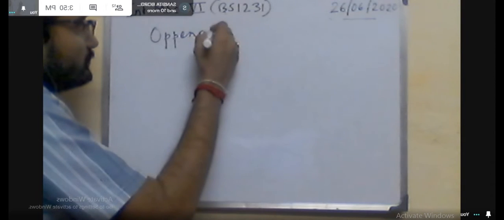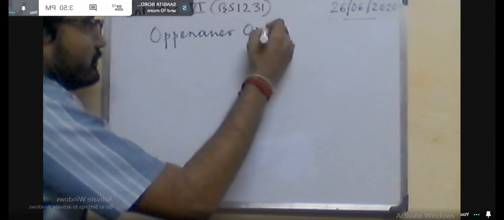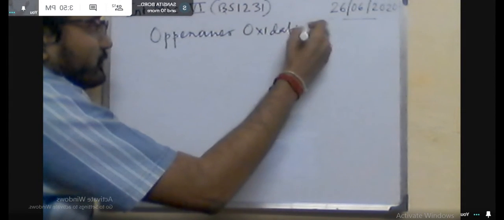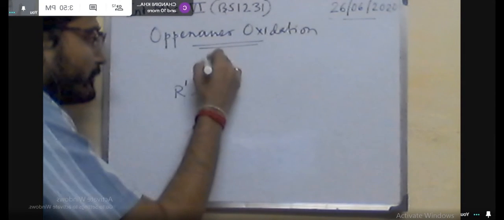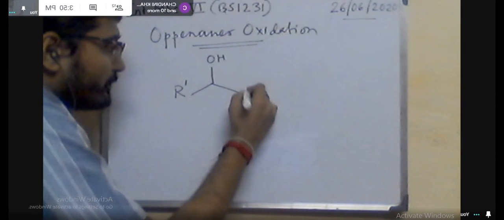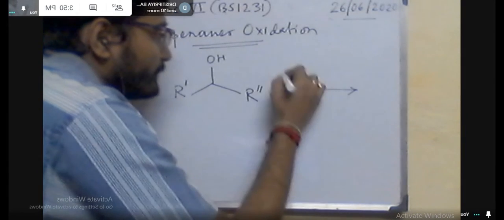Okay. In this case, what will be the reaction mechanism? So the reaction mechanism is, here you can see the substrate is the 2-degree alcohol, and we want to oxidize this 2-degree alcohol to its corresponding ketone.